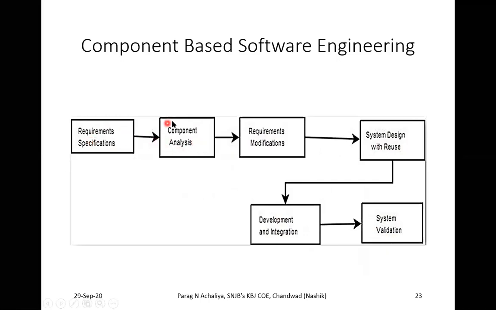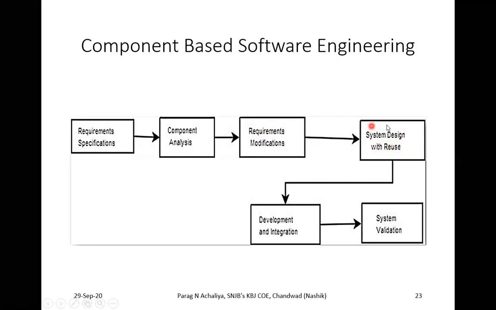Then the next one is your component analysis. You are going to analyze which different components the system will have. So this is what the component analysis will be. Then on the basis of this component analysis and requirement specification, if required, the requirements will get modified. The modified requirements will be useful for system design and its reuse purpose.